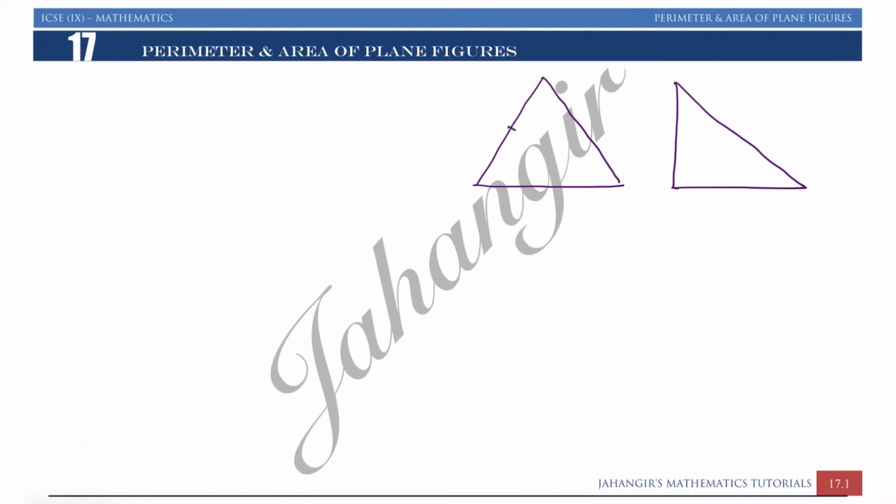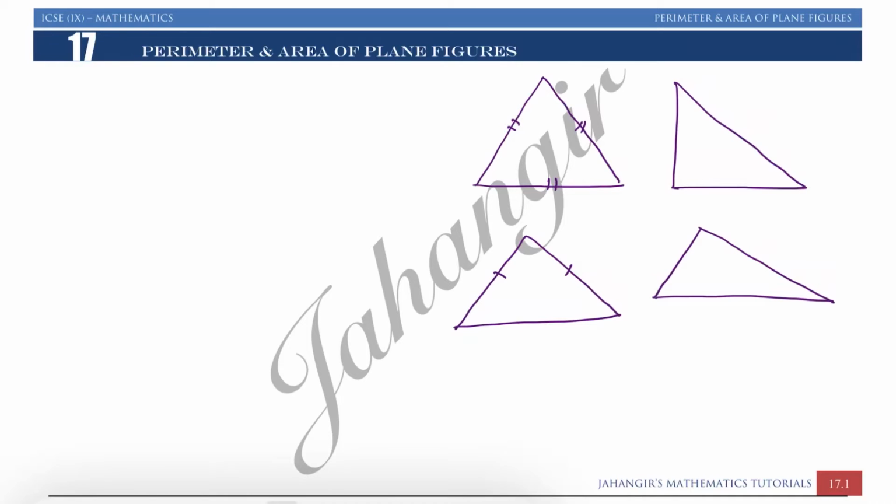Let's say this is an equilateral triangle which has all sides equal, isosceles triangle which has two sides equal, and scalene triangle whose all three sides are unequal. So this we say as equilateral triangle. This is an isosceles triangle and this is a scalene triangle.